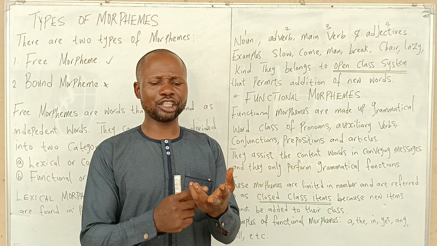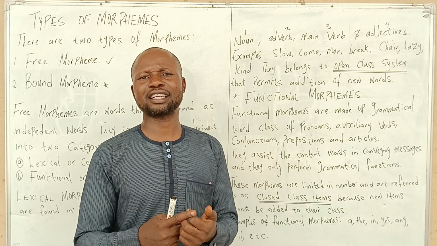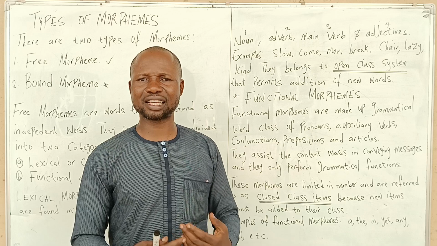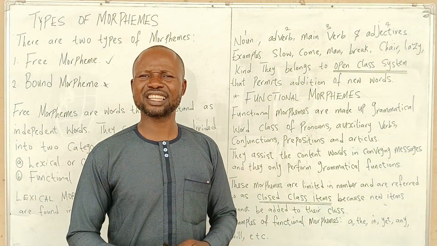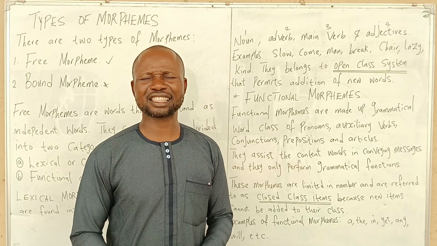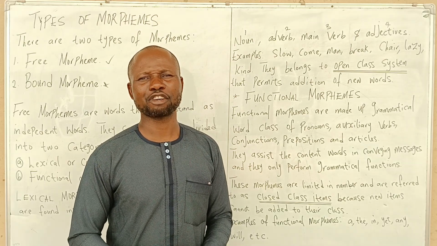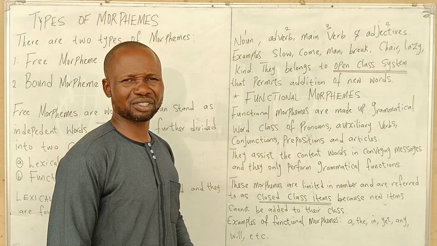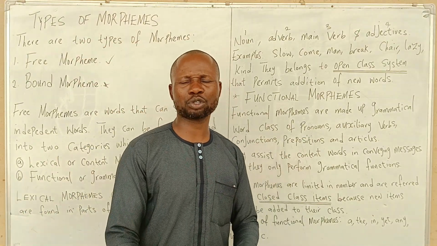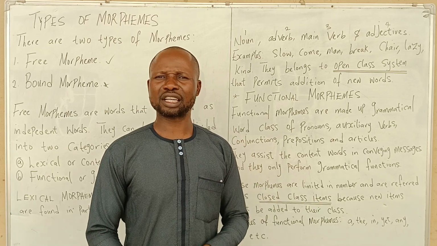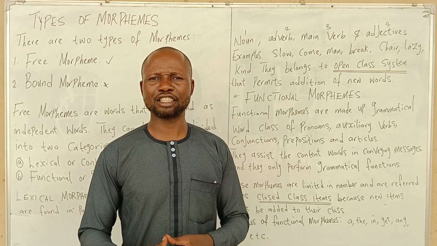Pronoun examples: he, she, him, her, his, himself, herself, themselves, ourselves. Nothing again can be added, itself, it. Nothing again can be added to the class of these ones. Auxiliary verbs are things like are, was, is, and so on. There are a lot of them, but nothing can be added to them.